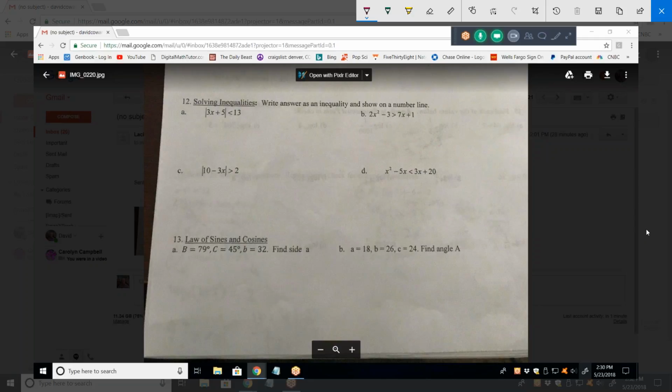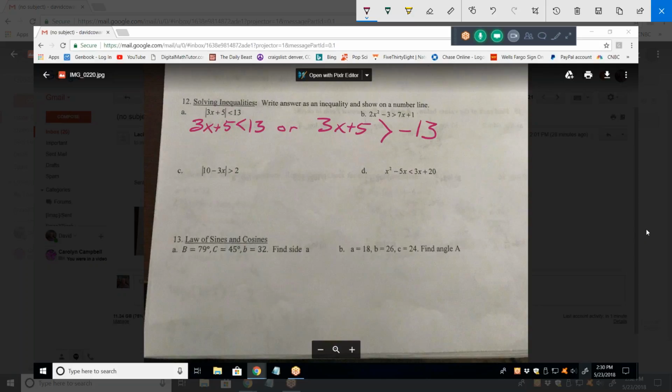A. Which one? A? 3x plus 5 is less than 13 or 3x plus 5 is greater than minus 13. Perfect. Now you just have two inequalities to solve.